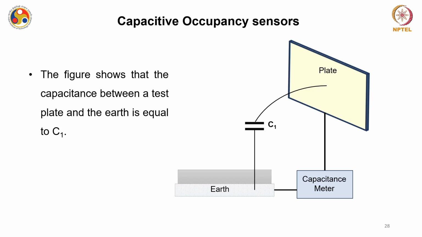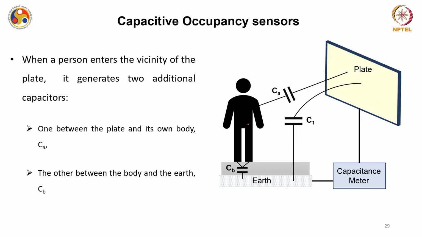Based on the same principle, different capacitive occupancy sensors have been reported. Let us understand this with one example. The figure shows the capacitance between a test plate and the earth. This plate makes a capacitance with the earth, which I am calling C1.